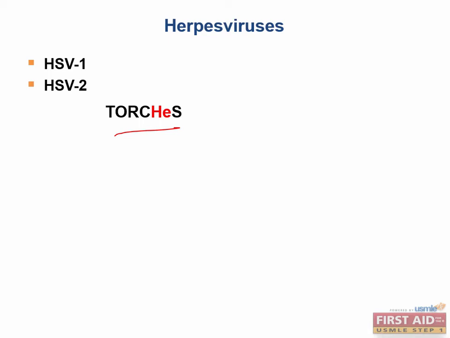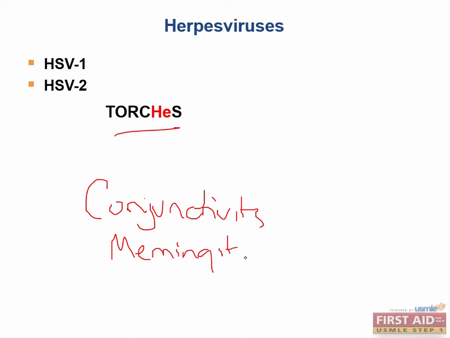And do you remember what it causes? It can cause a nasty conjunctivitis, and it can cause that very dangerous temporal lobe encephalitis or meningitis in the newborn baby. Cesarean section is indicated for mothers with active HSV infections to prevent this transmission.